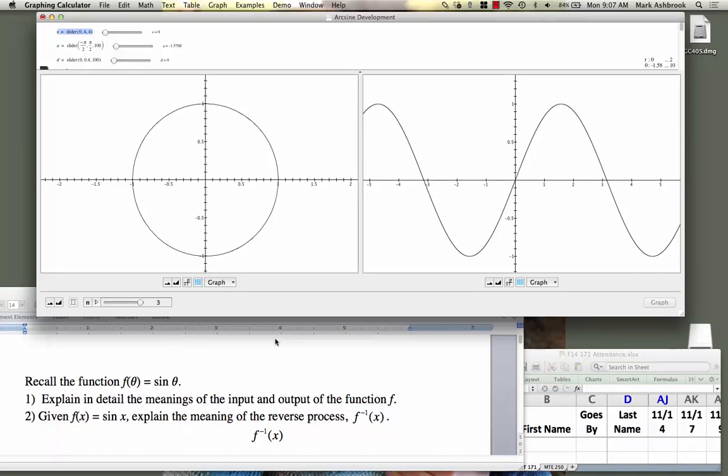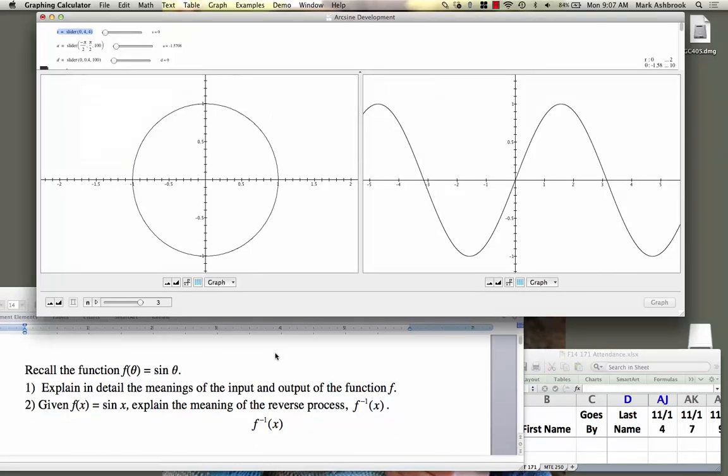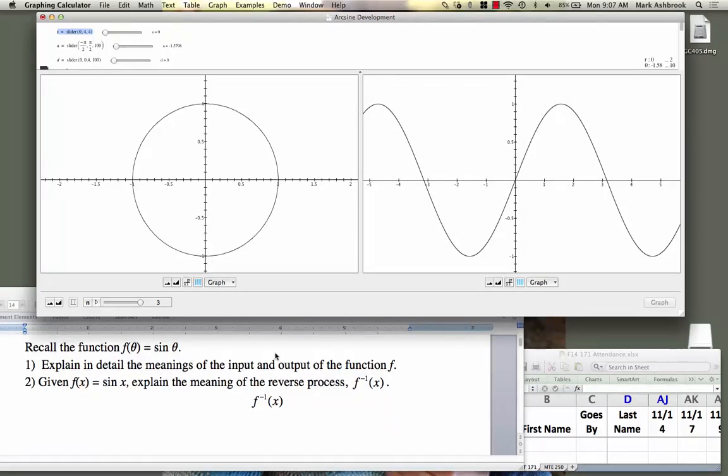So what would the meaning of the reverse process be? We talked about the input and output of f, which we all know like the back of our hand. What's the input of sine? Alex, what's the input of sine?